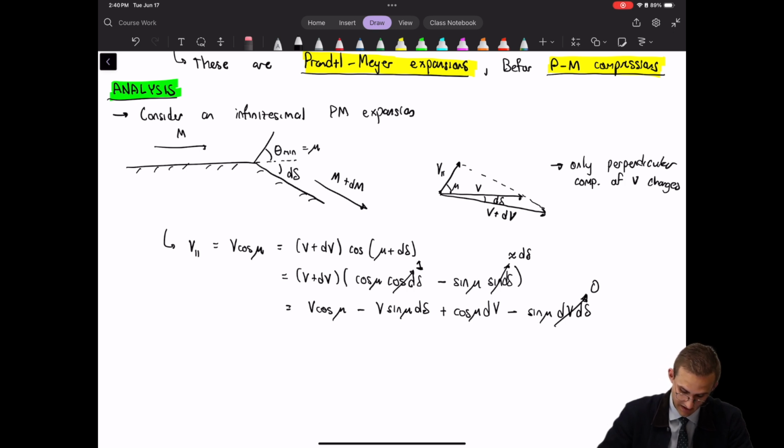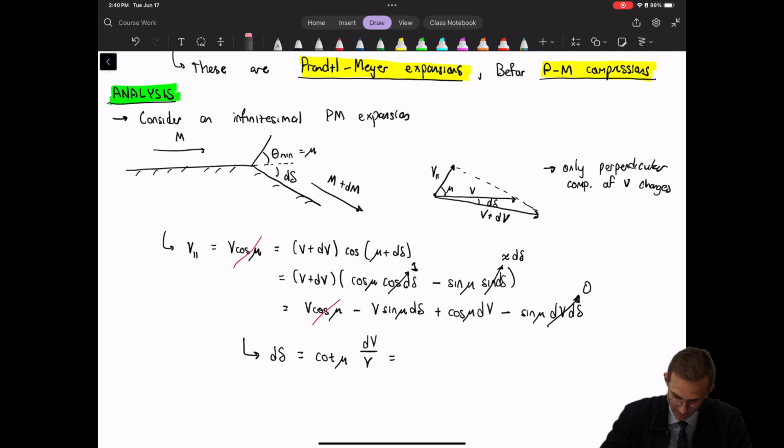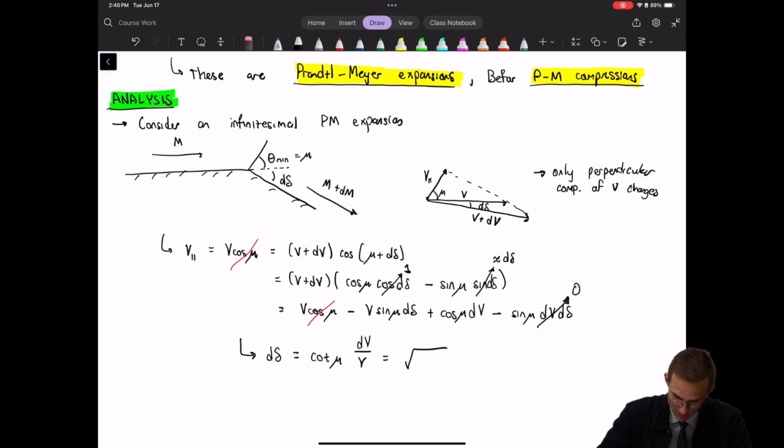And then v cosine mu is actually appearing on both sides here, so we can cross that out as well. And so what this tells us is that we can express the infinitesimal deflection angle as cotangent mu times dv over v, which, as we stated before, cotangent of mu is equal to the square root of M squared minus 1, times dv over v.